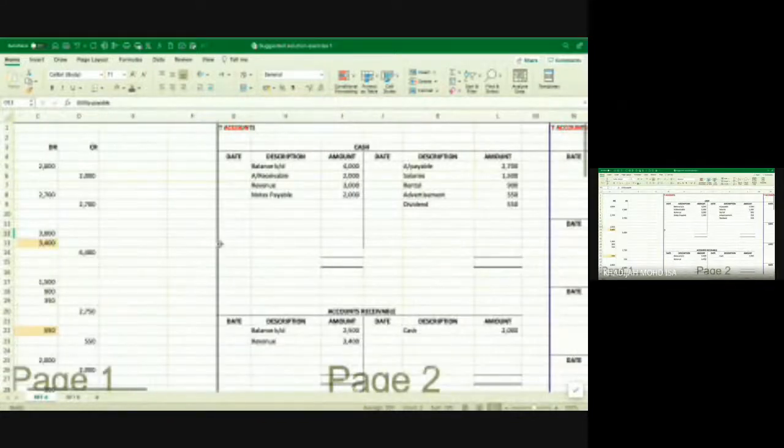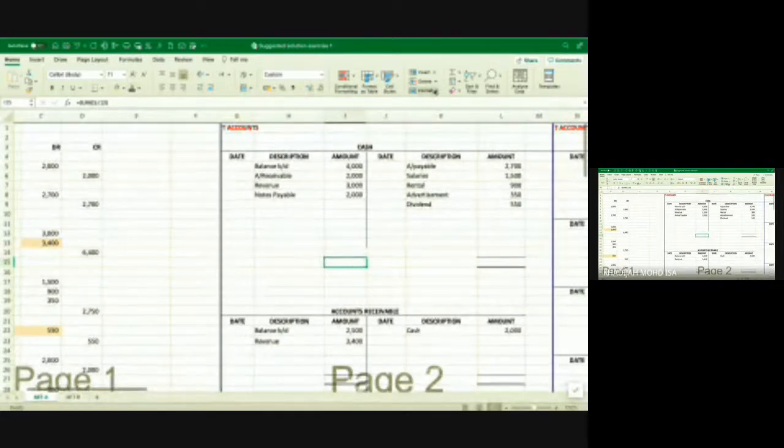Now you have to close the accounts. So I show you one, for example, your cash. You look at the debit side, what is the total cash? Okay, and then on the right side must always be the same amount. So how do you decide? You look at what is the balance.